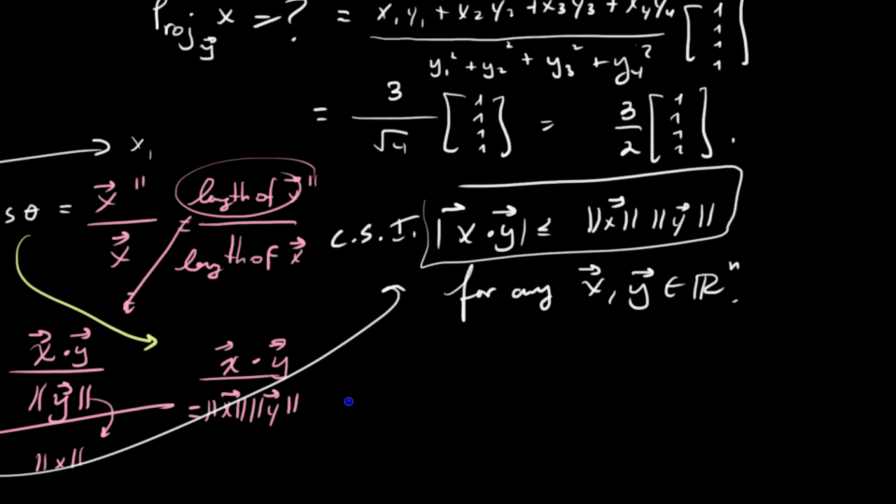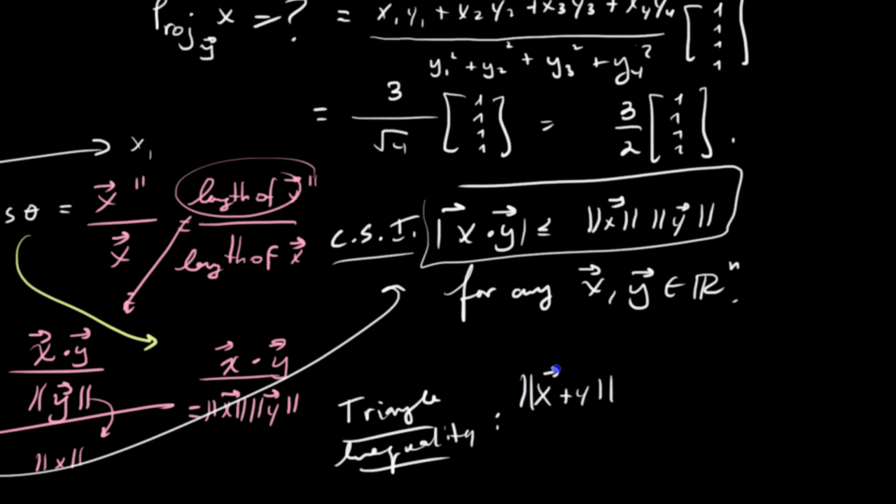And then one more thing, we have this thing called the triangle inequality. It says that for any x plus y, its magnitude has to be less than or equal to the magnitude of x plus the magnitude of y.